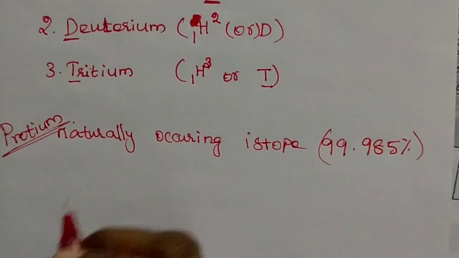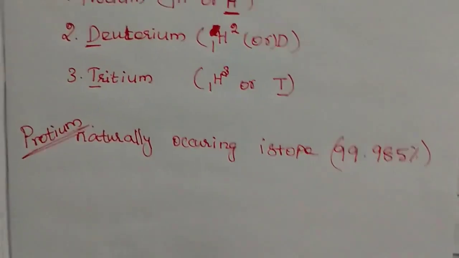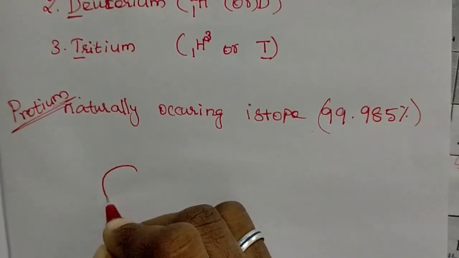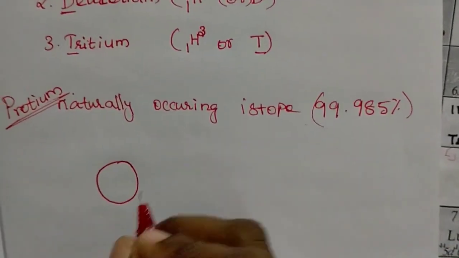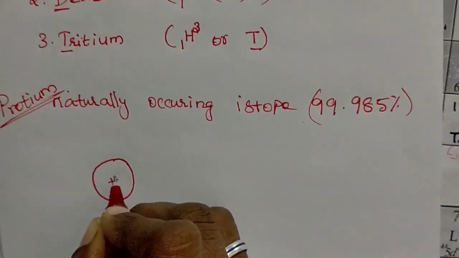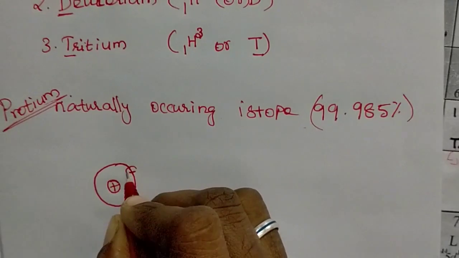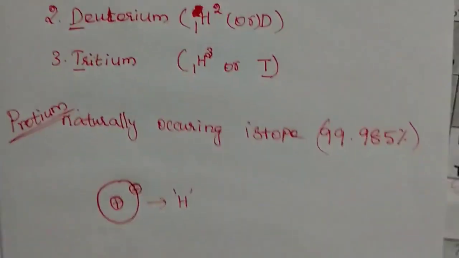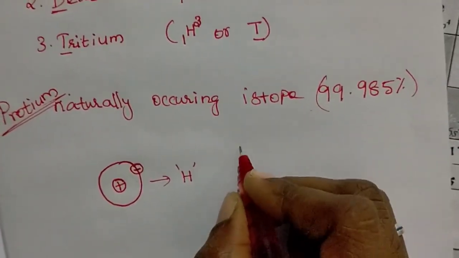It contains one electron, and the structure of protium is a nucleus and one electron. This is protium, or otherwise hydrogen, H, and it does not contain neutrons.